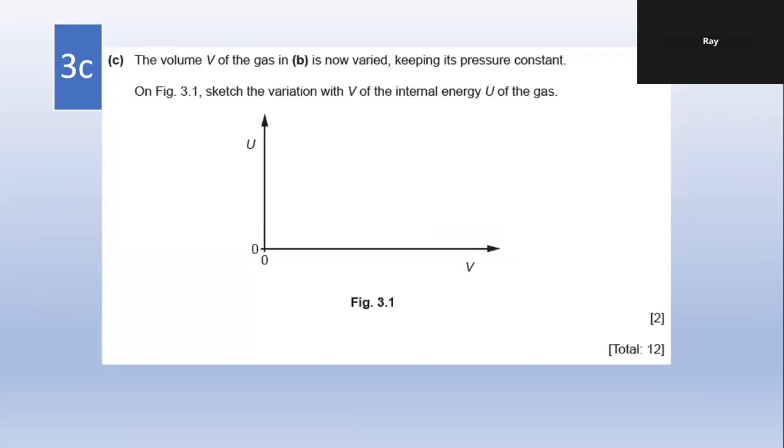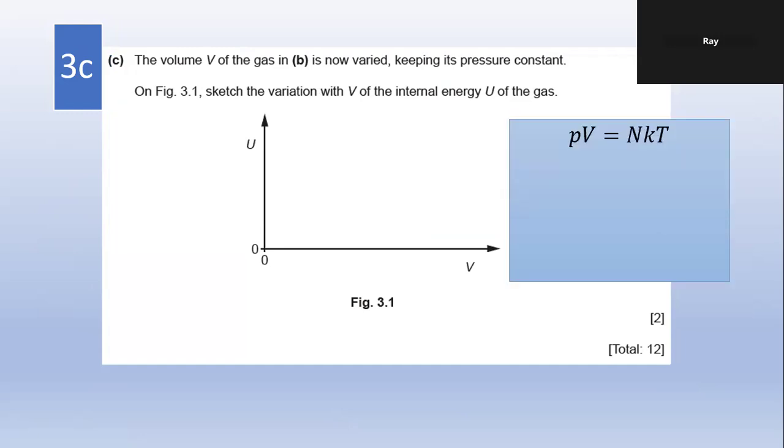The volume of the gas is now varied, keeping pressure constant. Sketch the variation with V of the internal energy of the gas. How are you going to sketch the graph? Go to the equation. Just going up, right? From zero up.